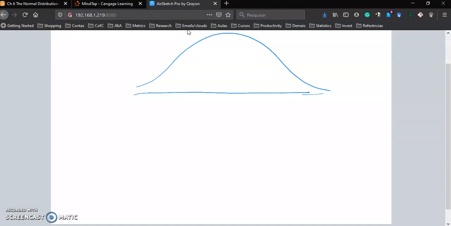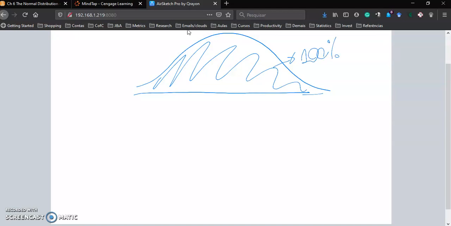So I know that this entire figure is 100%. It starts from here and goes up to the upper tail, which gives us 100.